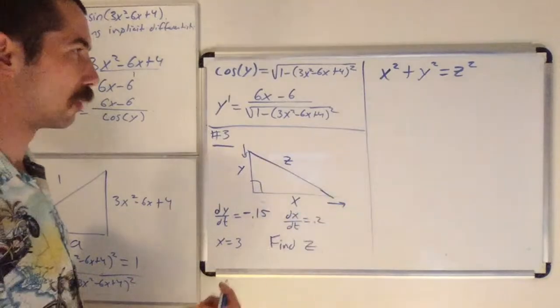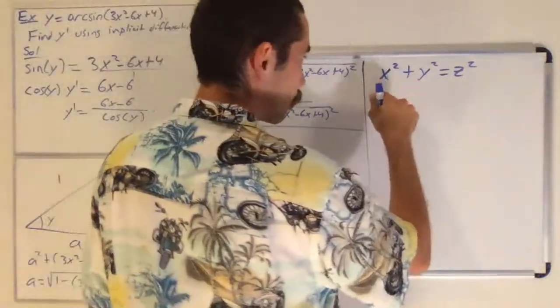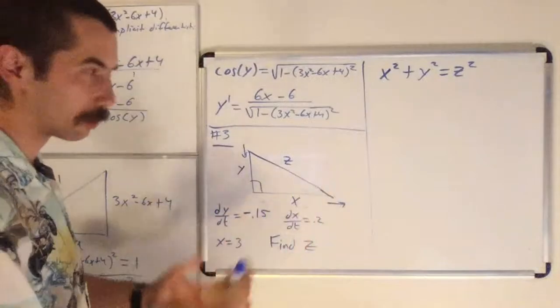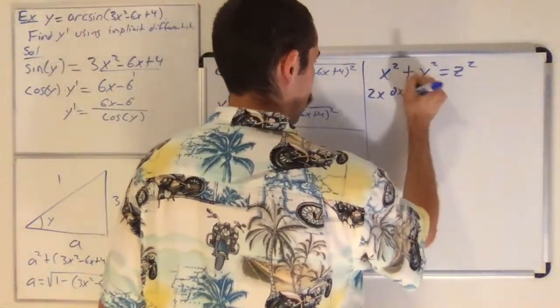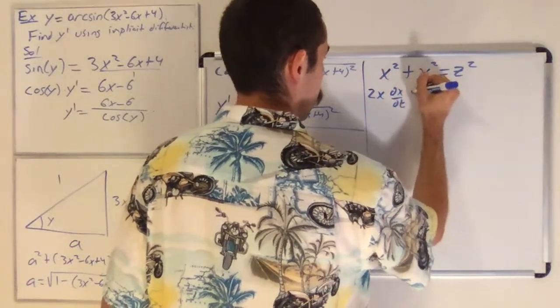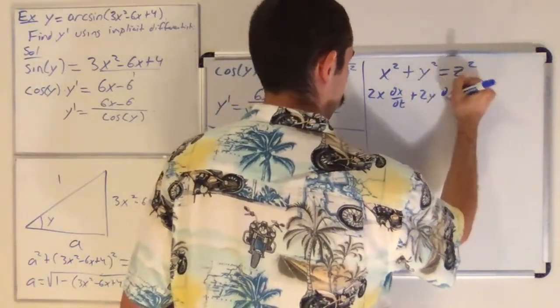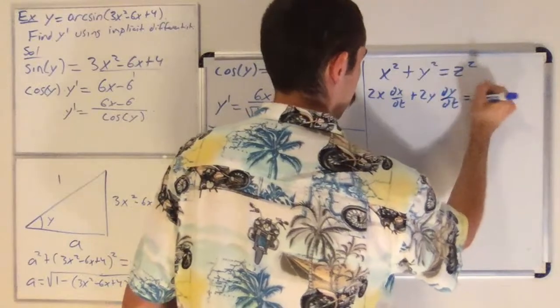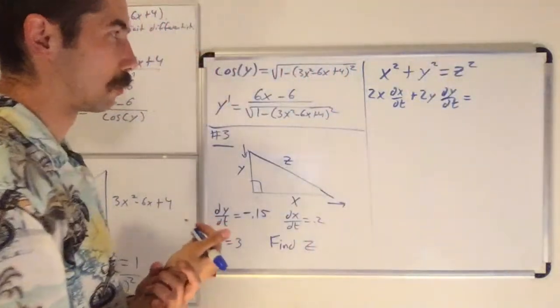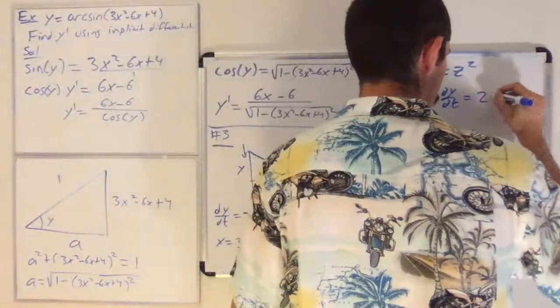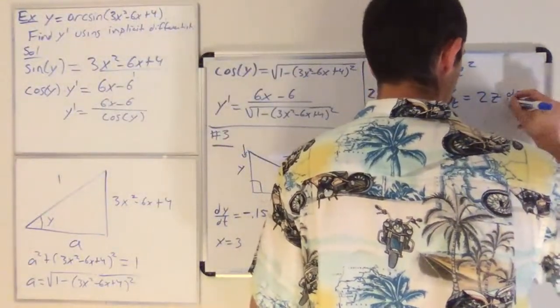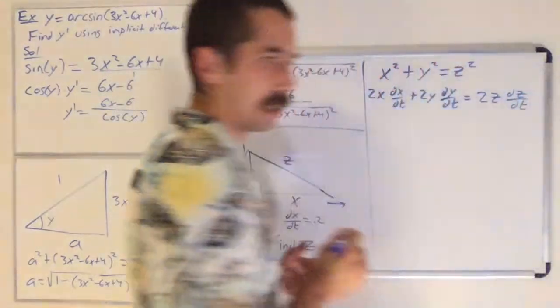Okay, so let's take the derivative of both sides with respect to time. Right, everything's changing with respect to time. So 2x dx/dt plus 2y dy/dt is equal to, well, I guess 2z dz/dt.